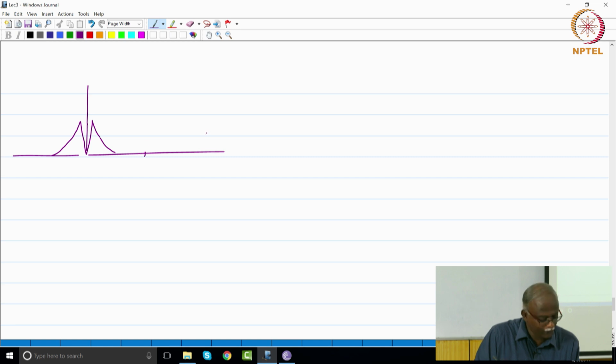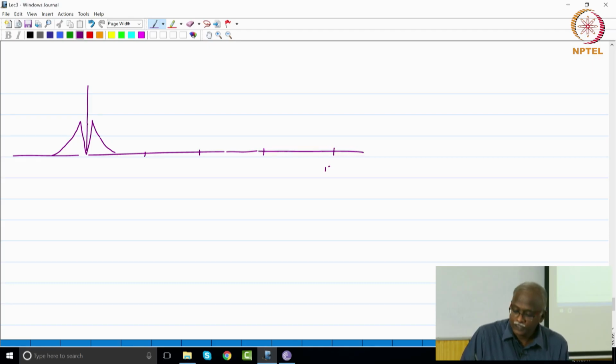This is 44.1, 88.2, 132.3, and 176.4. Okay, so this is 176.4. And I have a copy of the spectrum because I'm going to sample it at 176.4.